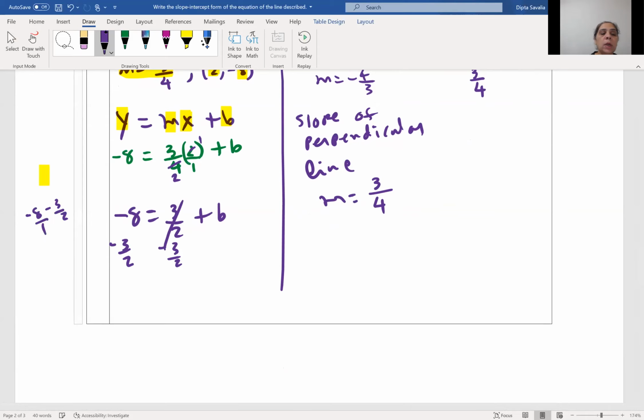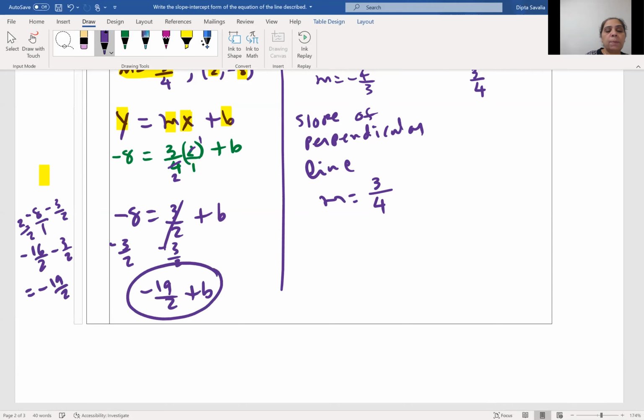You can write 1 under. We have common denominator 2, so you multiply 2 over 2. So negative 16 over 2 minus 3 over 2. Both have negative sign, so it becomes negative 19 over 2. We don't need to convert to decimal, we will keep it in the same form, b equal negative 19 over 2.